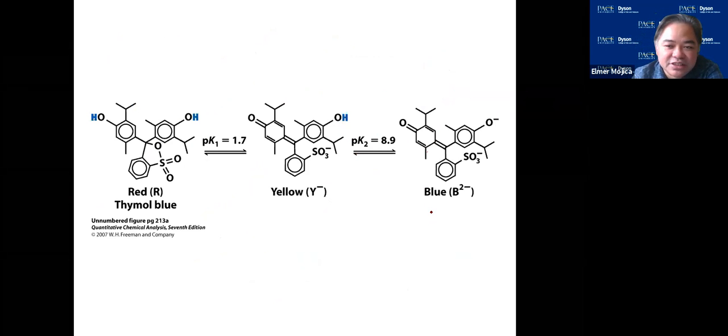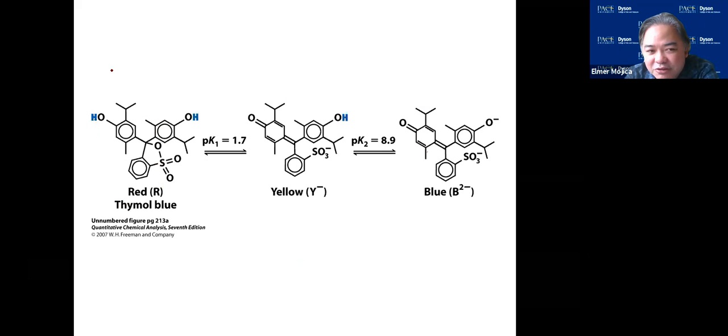So for instance, the thymol blue that we have here. If you look at the different structures of your thymol blue, this is how the thymol blue looks at low pH. And this is how your thymol blue looks at high pH.